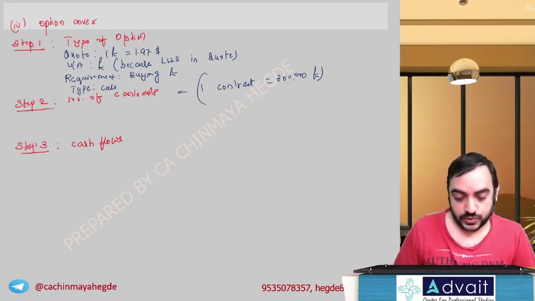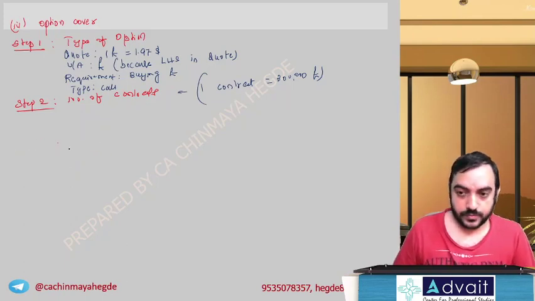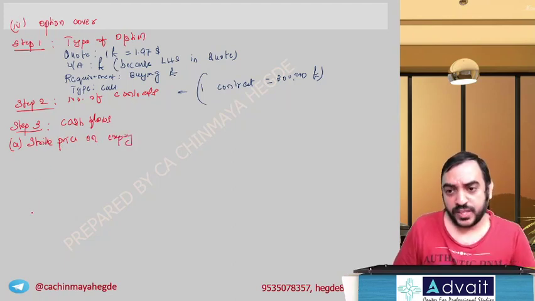Cash flows. Four kinds broadly: on expiry, strike price. I'll leave some more space for this because we need to discuss a few things.